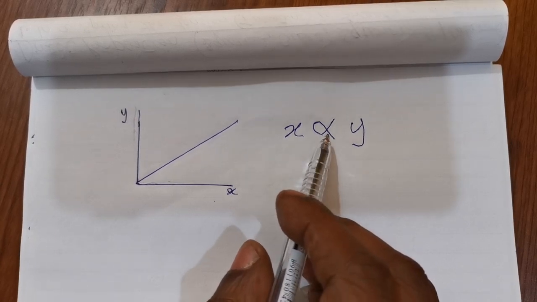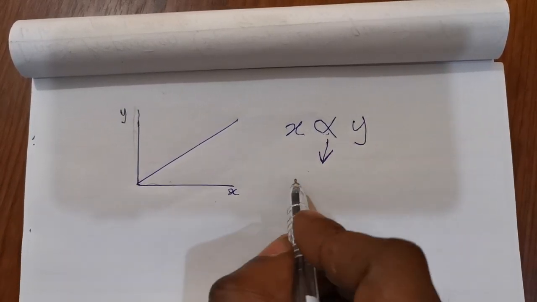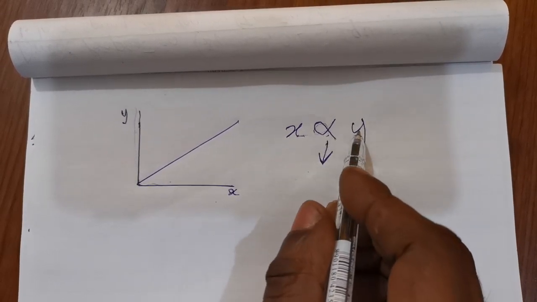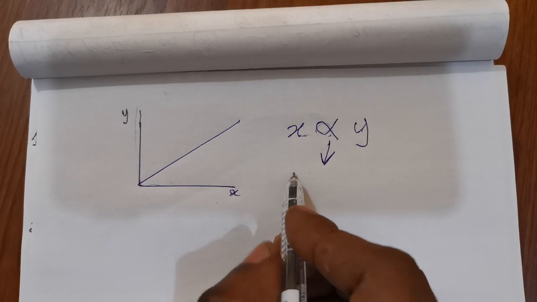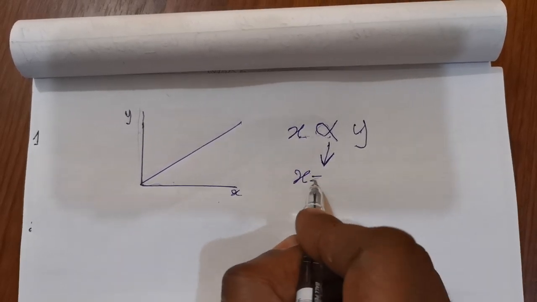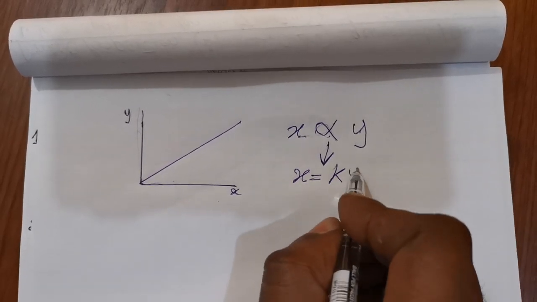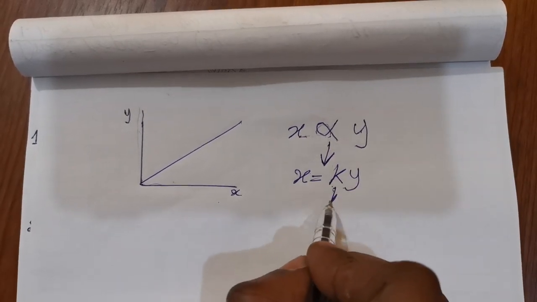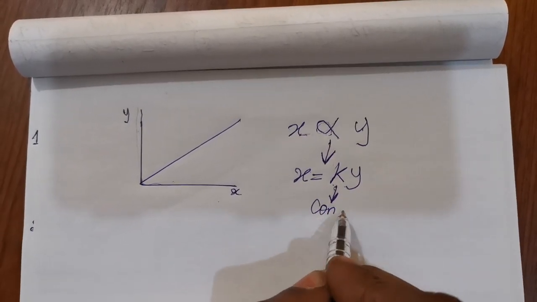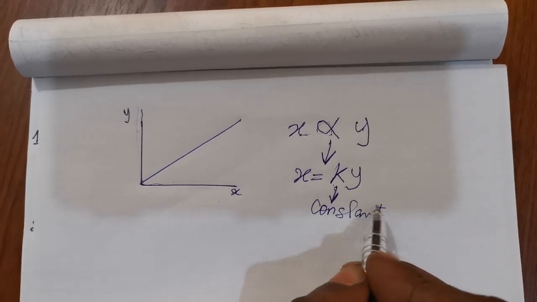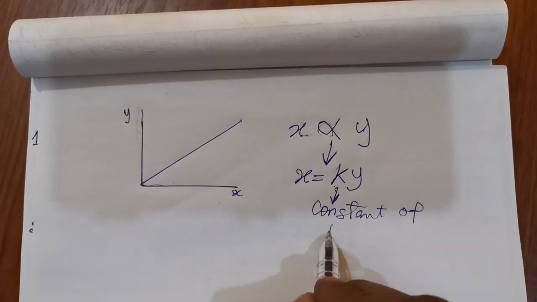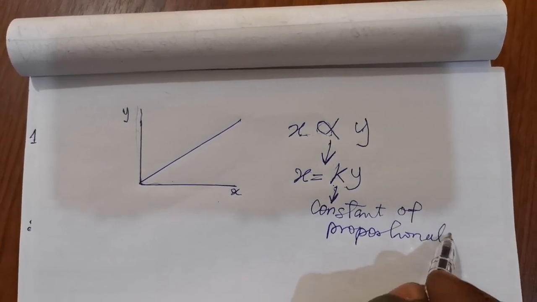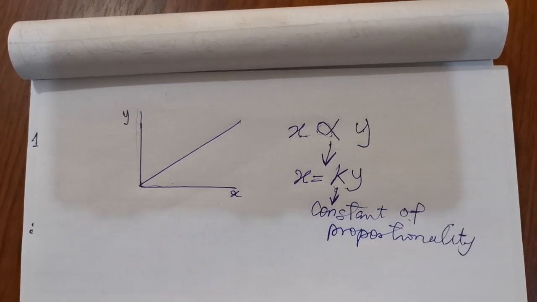So if x is directly proportional to y, then x will be equal to ky, and this k is what we call the constant of proportionality.